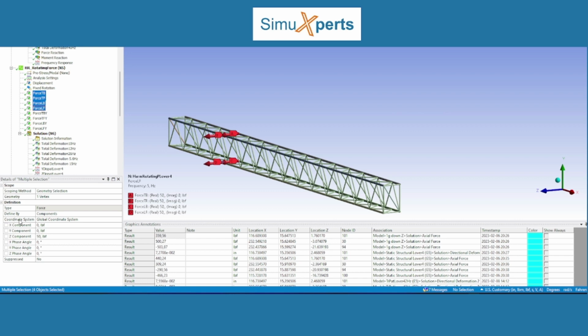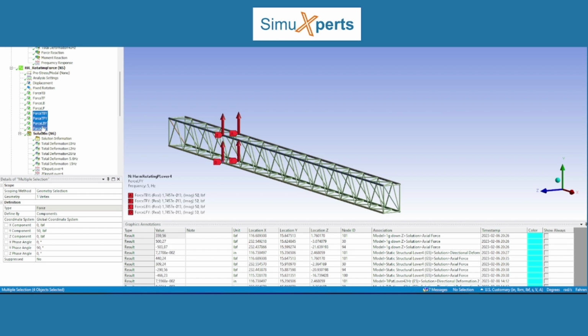So that's how you get the rotating aspect, by assigning a 90-degree phase angle. It means that the vectors in the Y direction are out of phase by 90 degrees compared to the vectors in the Z direction, and that's how you get your rotating forces.